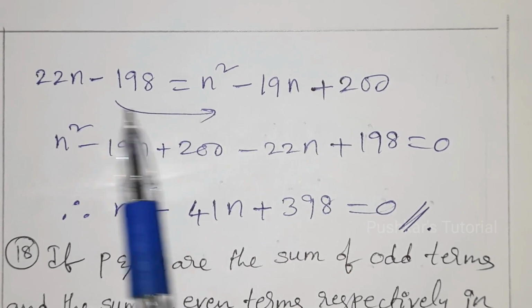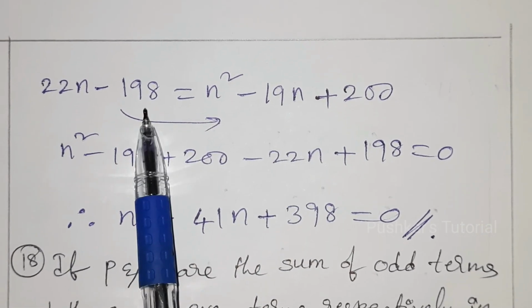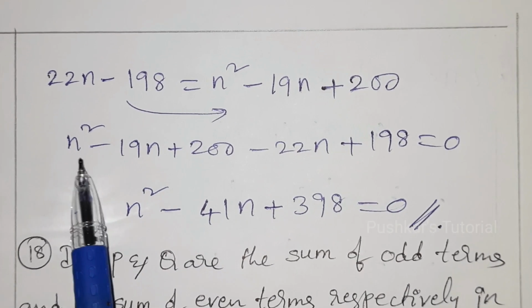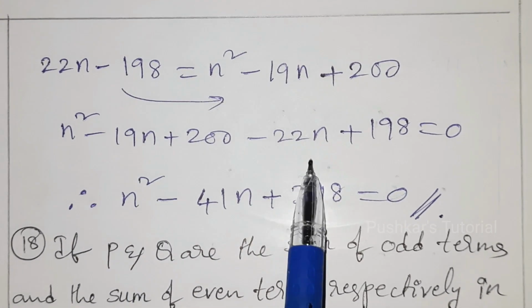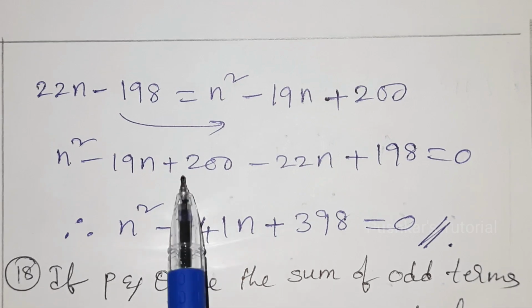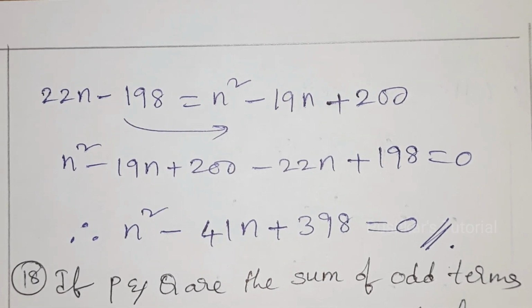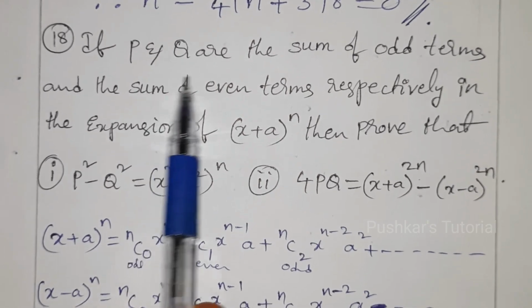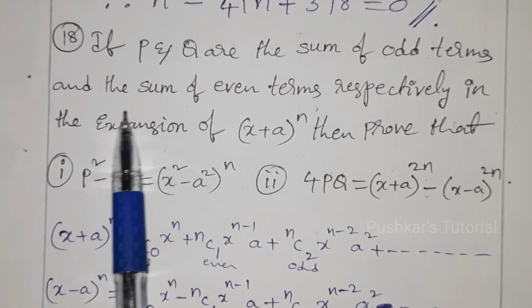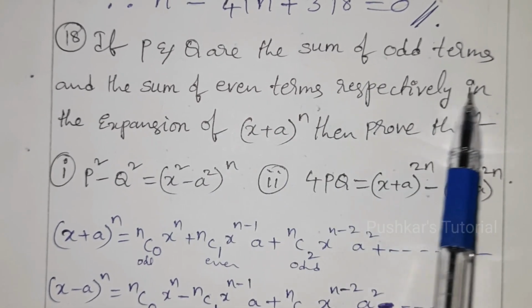Take to the right side, so plus will be minus, minus will be plus. Then like parts: n square, and 22 plus 19 is 41, and 200 minus 198 is 398. Hence proved.